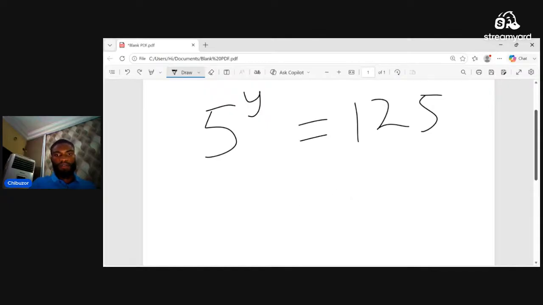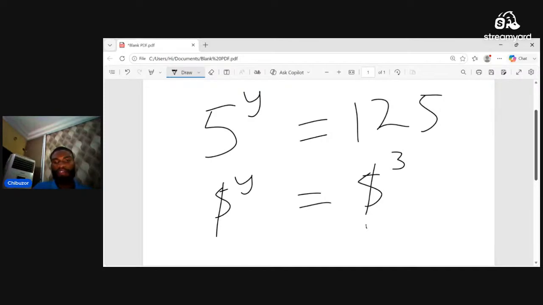So since we have established that it is 5 raised to power 3, we can now say 5^y is equal to 5 raised to power 3. And now that we have the bases as the same thing, we can cancel out 5 and 5. We have y is equal to 3. That's correct.